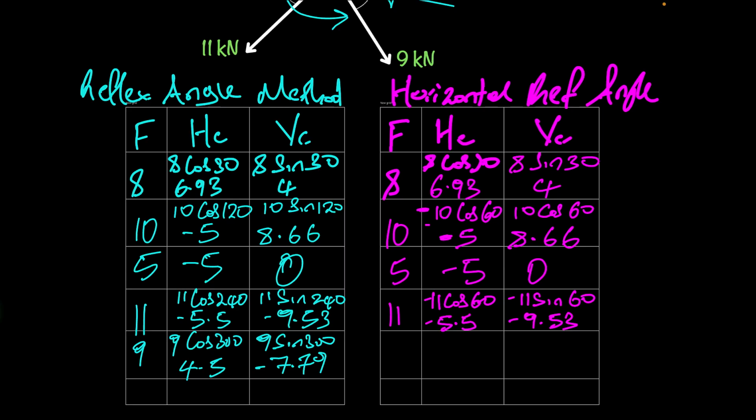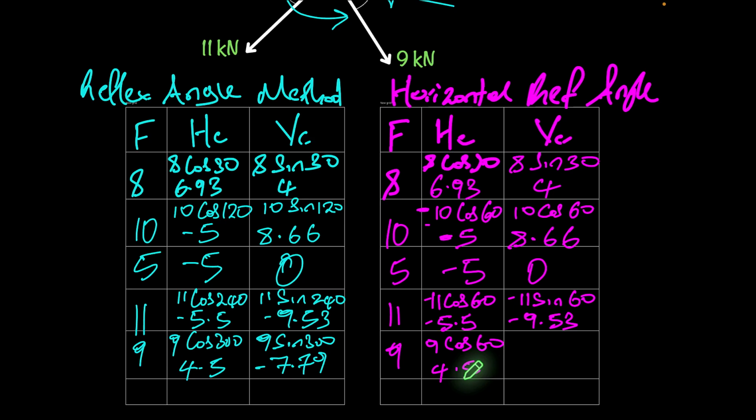So if we go across to the next method, as you can expect, we have to ensure that we include the appropriate signs. For this one, the reference angle that we use is 60 degrees. So we would have 9 cos 60 here, and 9 cos 60 would give us the same thing as 9 cos 300, so this here would just be 4.5.